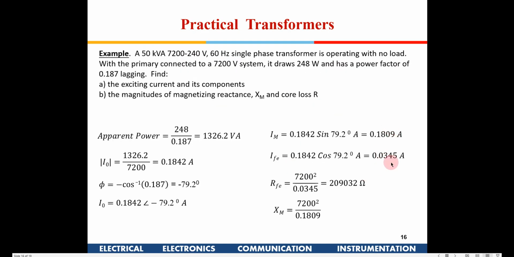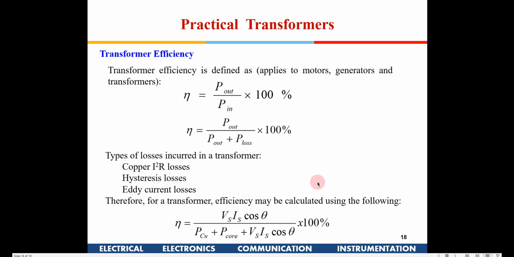That is what has been done here to get the two. Now if you have to find RFE and XM, either we divide the voltage by this current, or V squared divided by power. V squared divided by what is this which has been done?